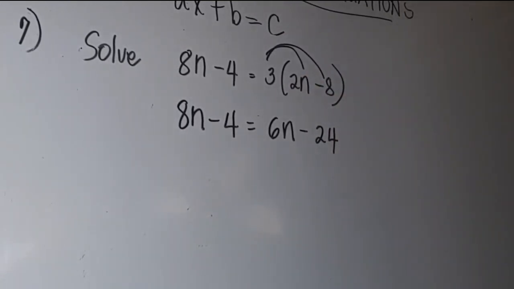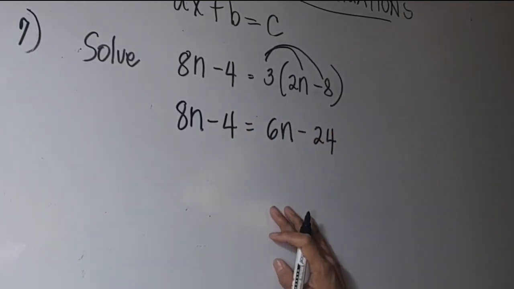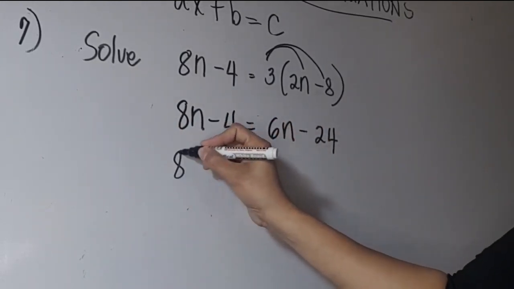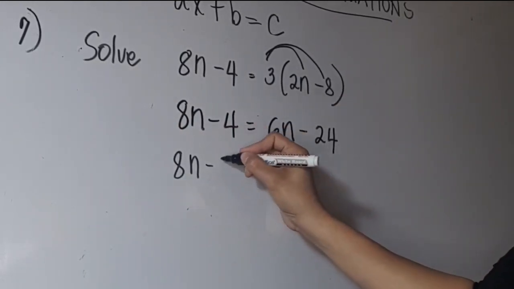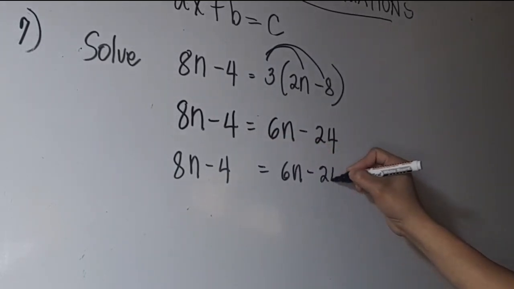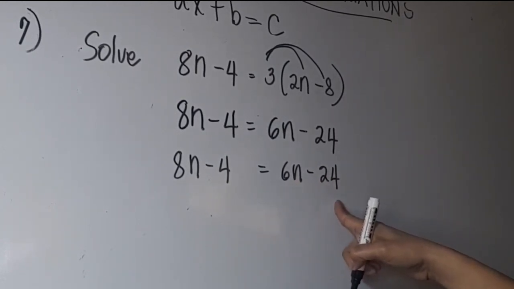Okay. Now, the side which has the greater variable coefficient is this side, no? So we are going to isolate here. So, 8n minus 4 is equal to 6n minus 24, right? What operation?